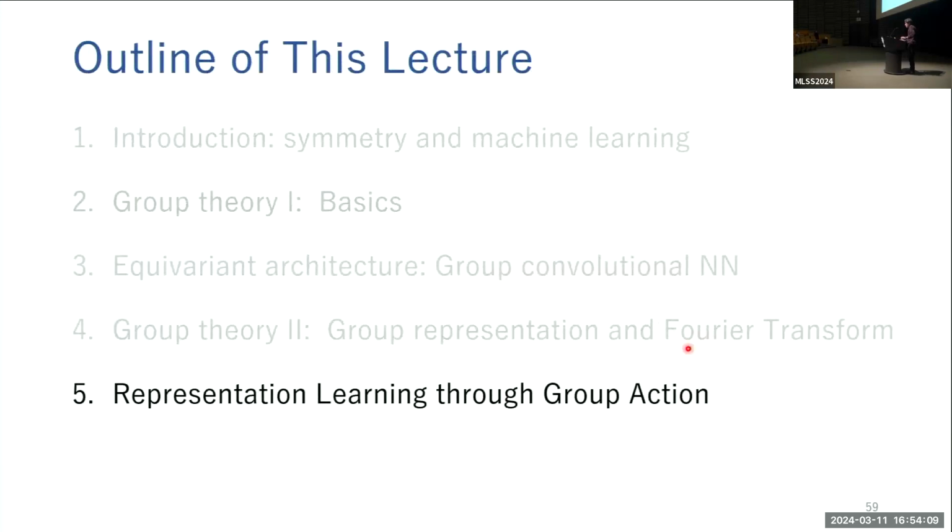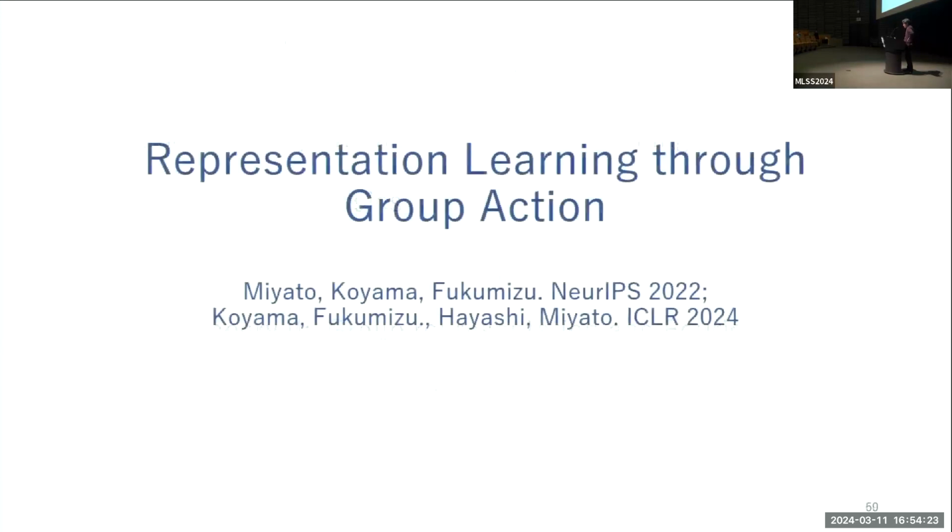So I'm going to explain representation learning as the last topic of my lecture. This part is more like the research work of ourselves, so I cannot explain every detail of the theoretical derivation, but I want to convey some basic idea behind the papers.